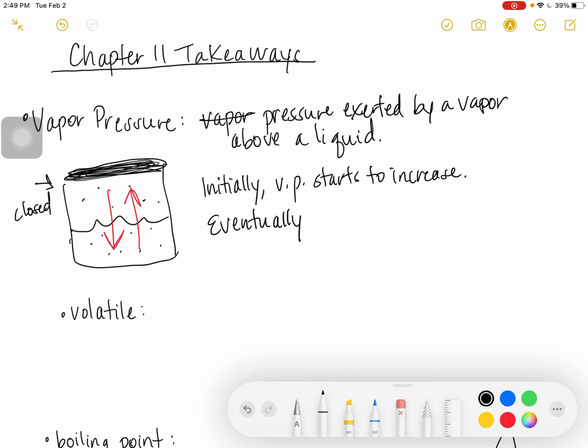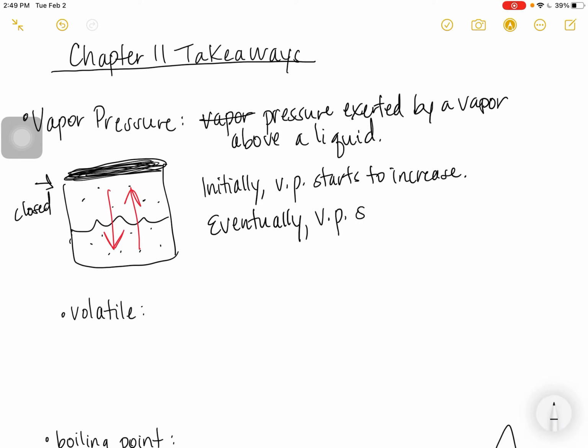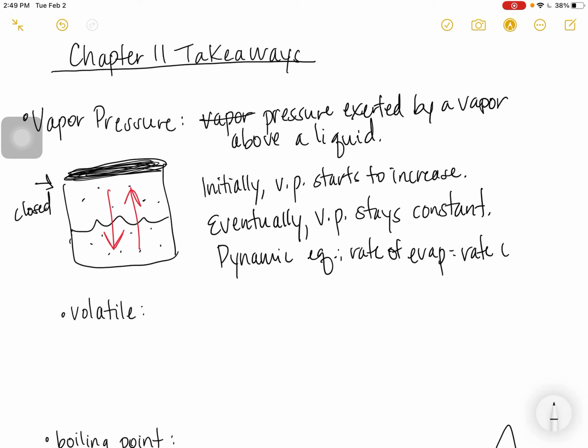And so eventually, the vapor pressure stays constant, and we enter a state called dynamic equilibrium, and that's where the rate of evaporation equals the rate of condensation, and we refer to this as there being no net change. This is why you could never have a capped water bottle that would evaporate completely, because as the evaporation is occurring, you also have condensation occurring. Okay, so keep that in mind.